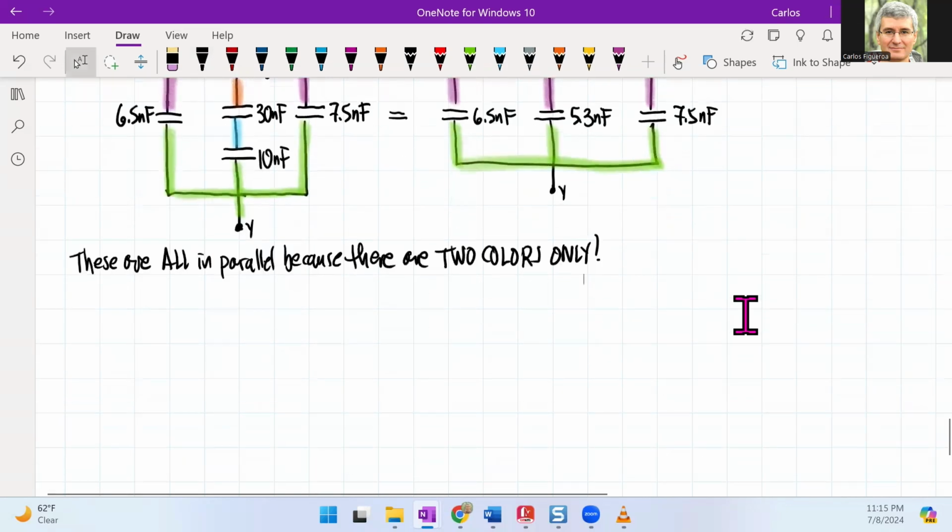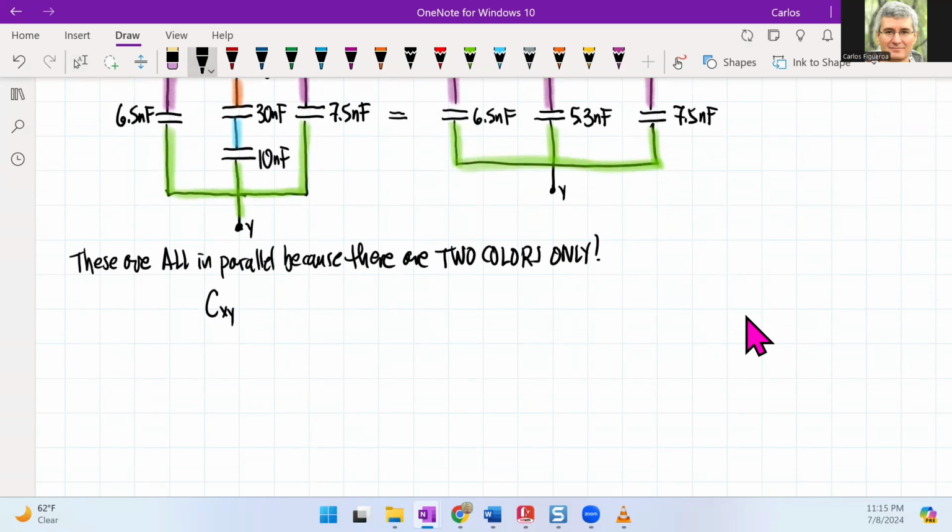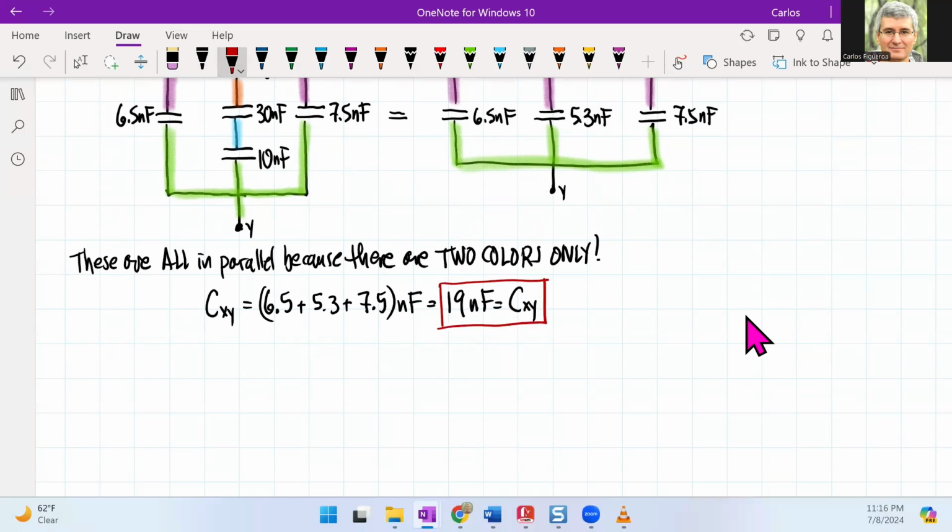So this tells me that the capacitance CXY has to be a combination of 6.5 plus 5.3 plus 7.5 nanofarads, and this quantity is going to be 19 nanofarads for CXY. So now I know the full capacitance.